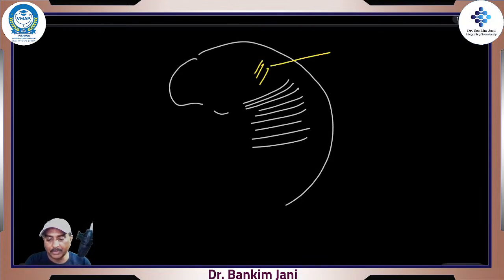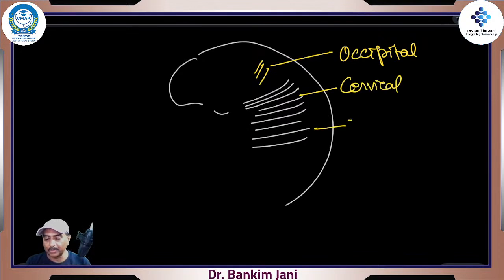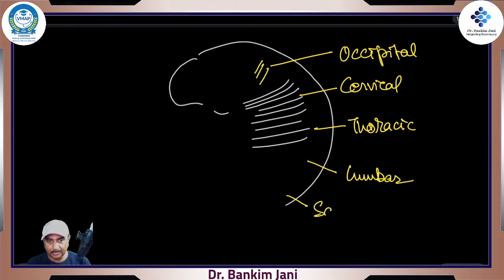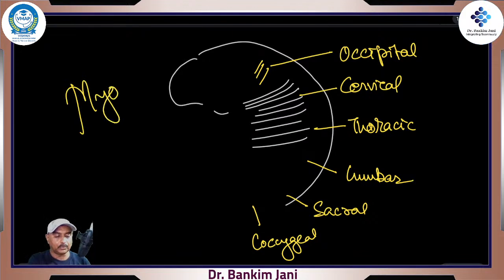Right from the top, there would be the occipital myotome, then cervical, then thoracic, all the way till lumbar, sacral, and coccygeal. These are myotomes.